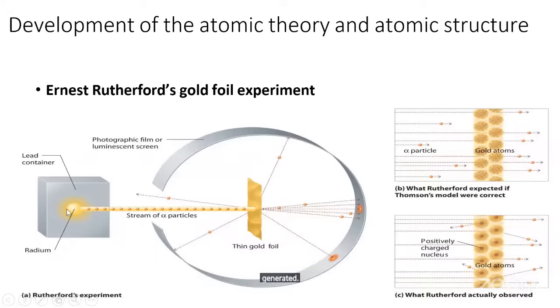Now, when he shot these alpha particles on the gold foil, the alpha particles, as we know, are positively charged.